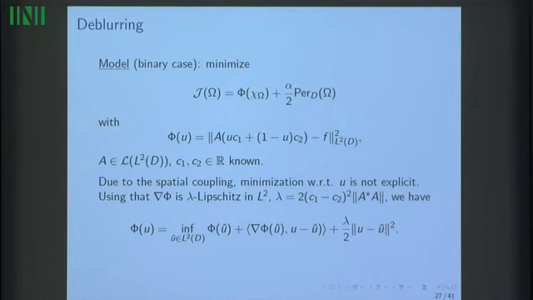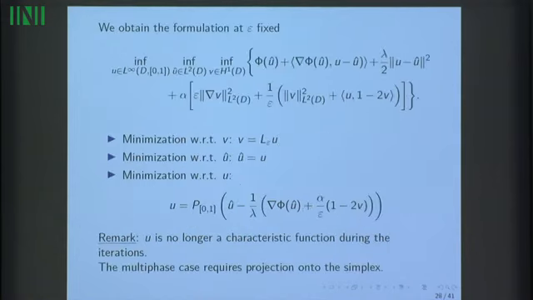And we can deal with this by a proximal gradient formulation, replacing this by this. Lambda is very classical, a Lipschitz constant of the operator you have. So in fact, again, in the end you have nested minimizations, and in each direction it's explicit.